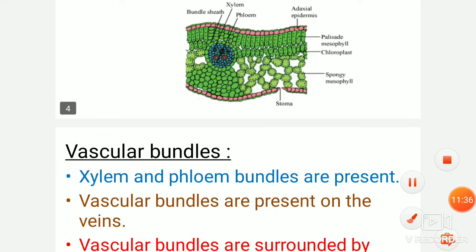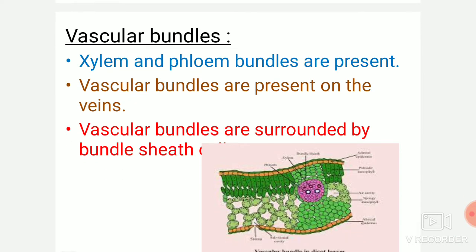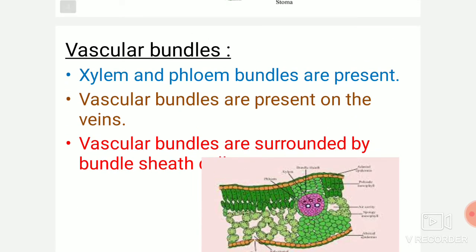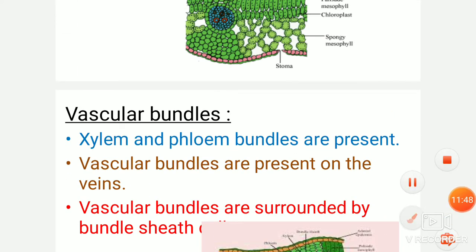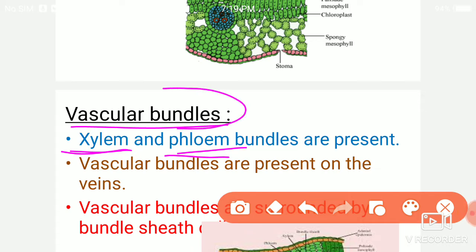Then the next part is the vascular bundles. The vascular bundles, you can see here, are xylem and phloem. Xylem and phloem we consider as the vascular bundles.